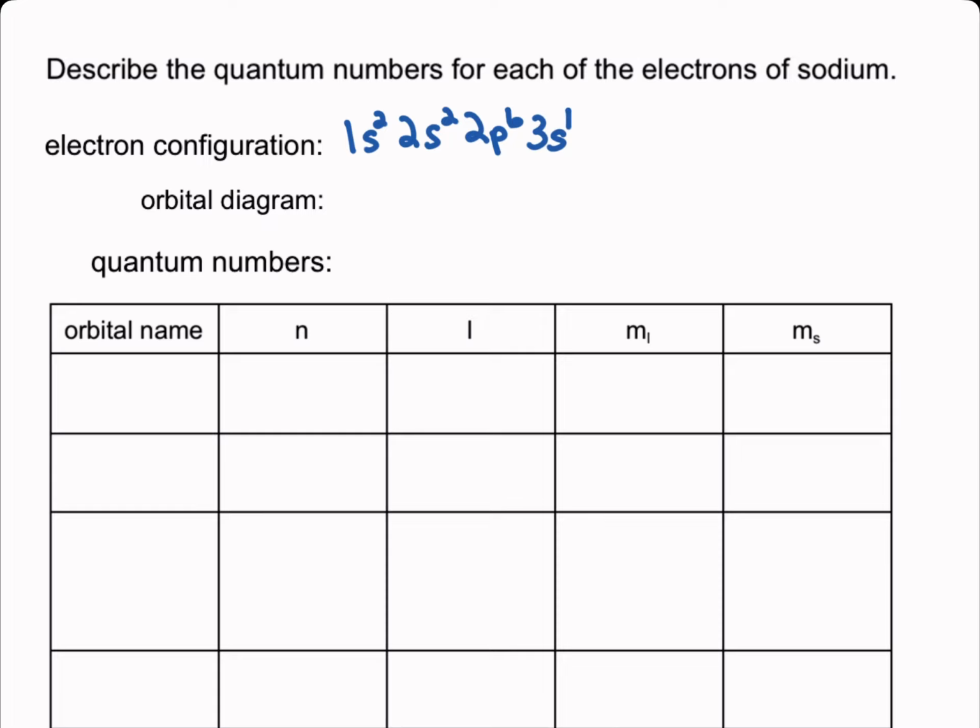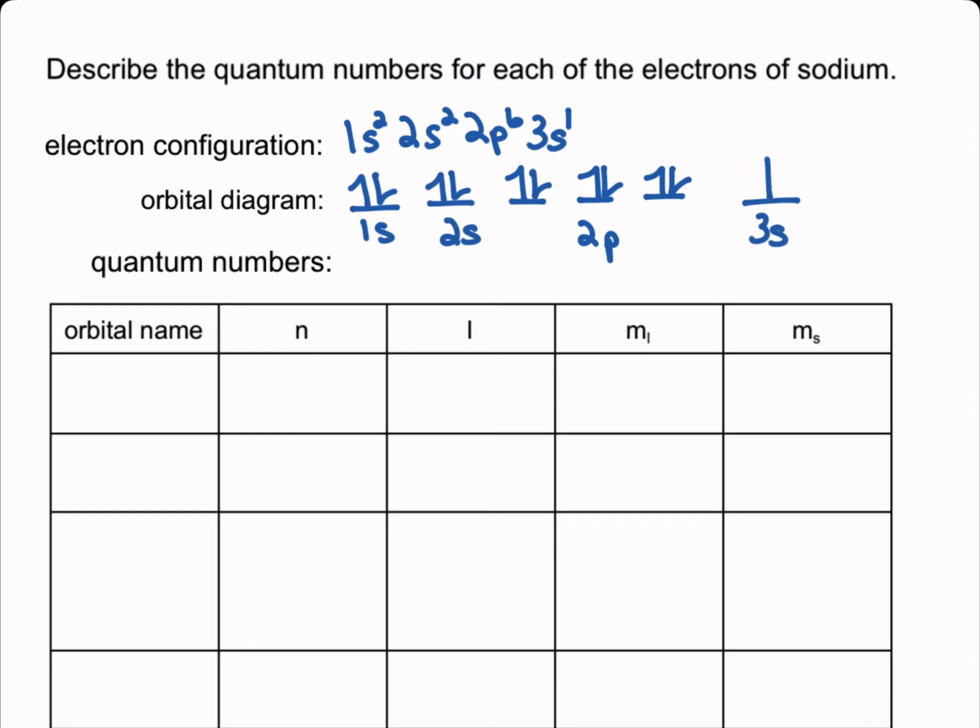Now we're going to draw the orbital diagram for all of the electrons. 2s has 2 electrons. Remember that p has 3 orbitals. 1, 2, 3, 4, 5, 6. And there's 1 electron in 3s.